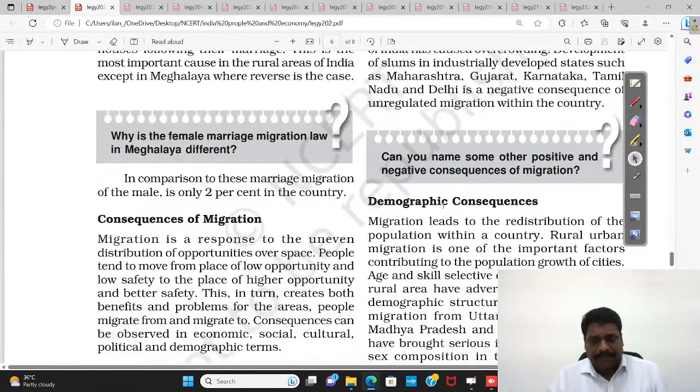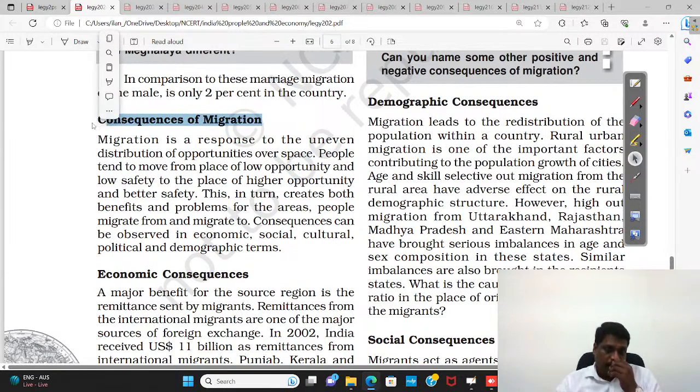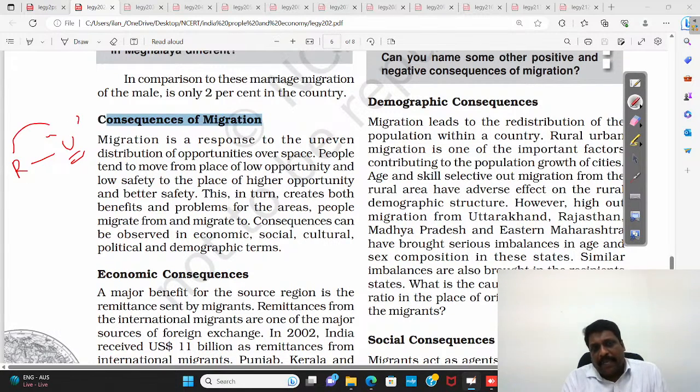So again, some of the causes; now the consequences. See, when migration takes place on a larger scale over a period of time, it will result in regional imbalance, number one. And number two, there is also a migration called rural to urban. If rural to urban migration takes place, this also increases the so-called urbanization.